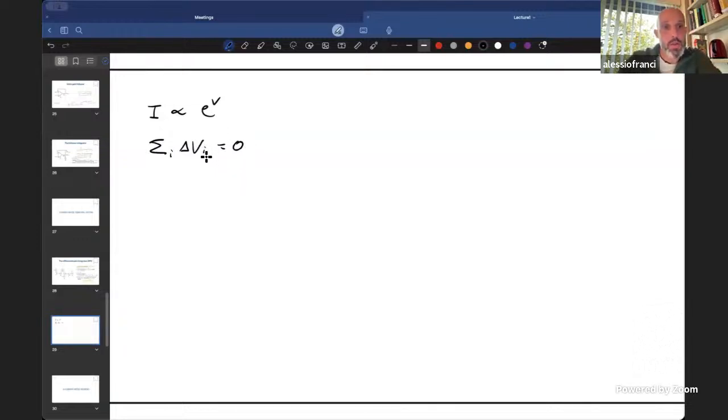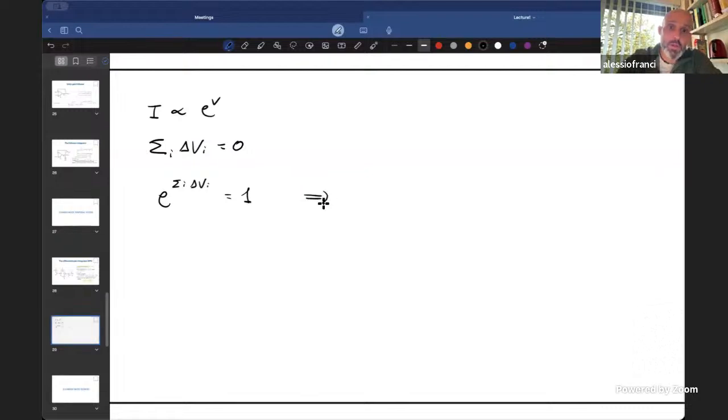And so now if you take the exponential of this sum, what you have is that the exponential of the sum of all the voltage drops in a circuit must be equal to 1.